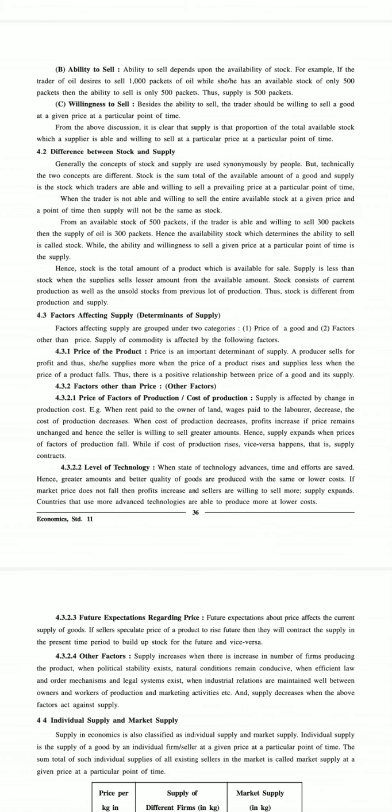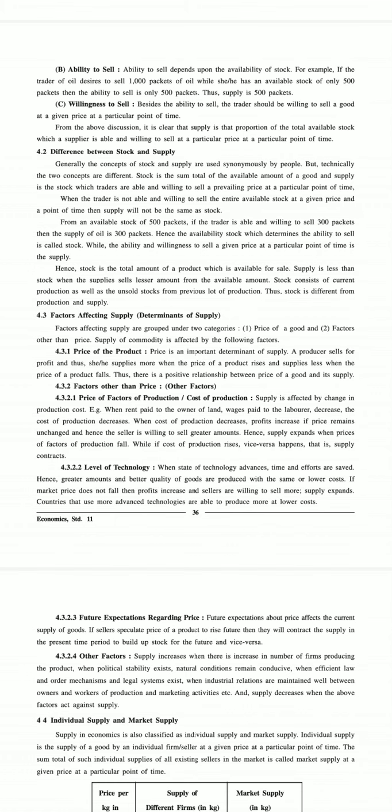Coming to the next one, that is level of technology. In the level of technology, if the state of technology improves or advances, it may happen that the time and the effort of preparing that particular commodity is reduced. So a greater amount of goods can be produced and made available for supply in the market at lower cost.